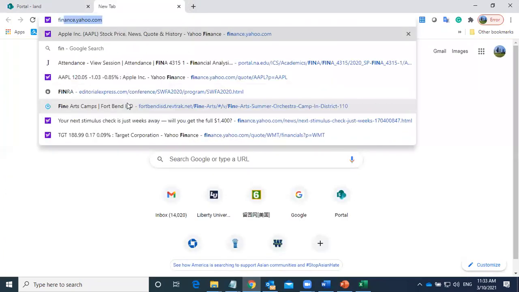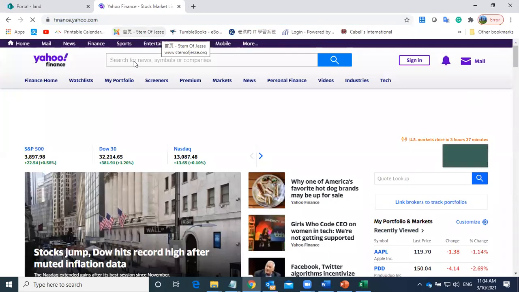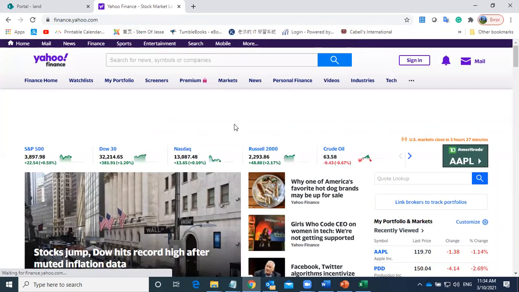So let's see Yahoo Finance. When you see Yahoo Finance, you can see the S&P 500, Dow Jones and NASDAQ, right? The S&P 500 has 500 stocks, and Dow Jones only 30, and the NASDAQ.